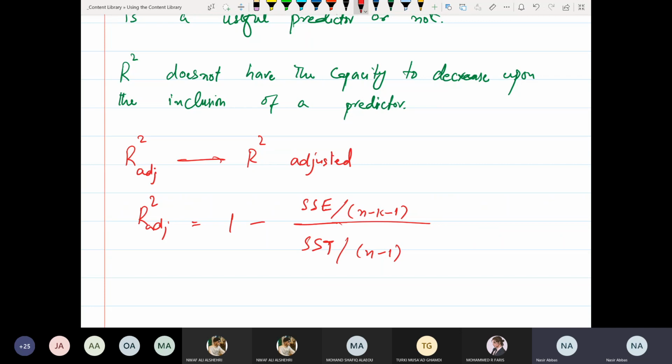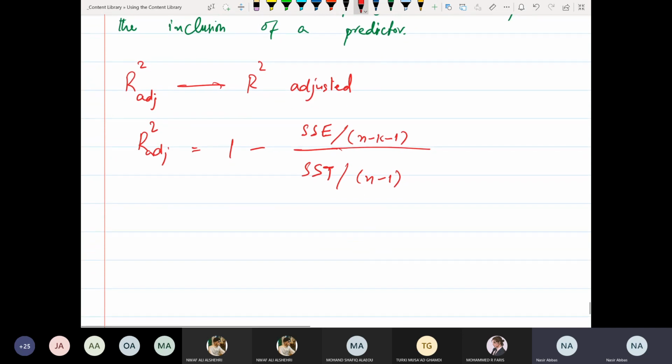Now the beauty of this R square adjusted is that if the newly added variable is significant, R square adjusted will increase. If the newly added variable is insignificant, R square adjusted will decrease.